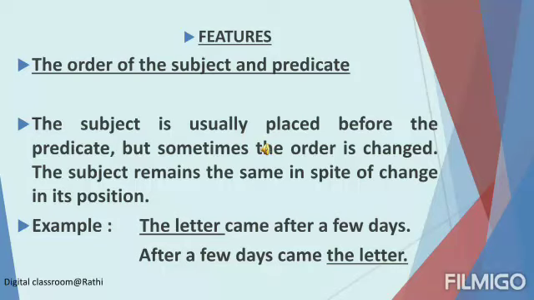For example, the letter came after a few days, and after a few days came the letter. In both these sentences, the subject is the same, the letter. Only the position is changed.